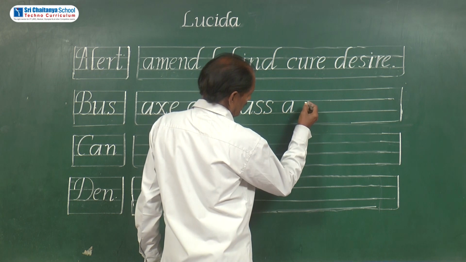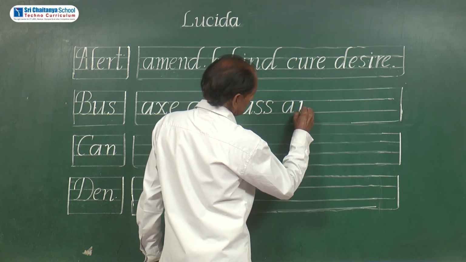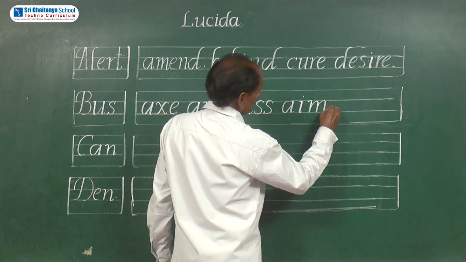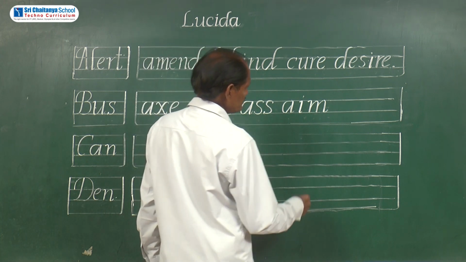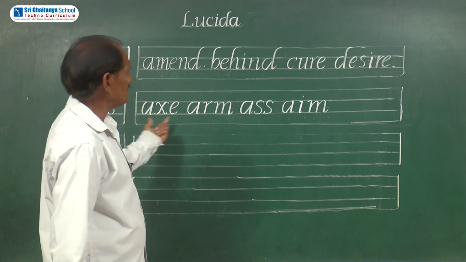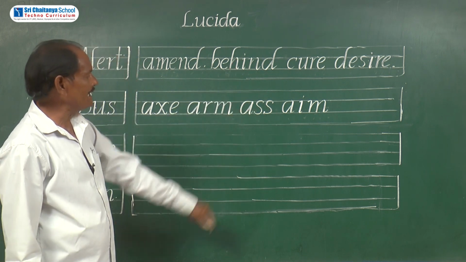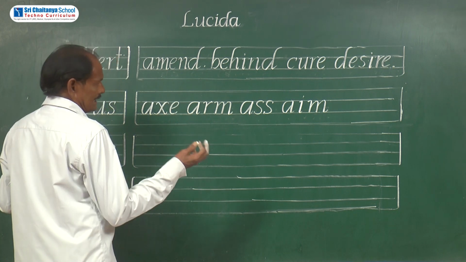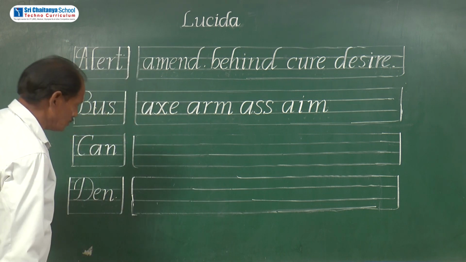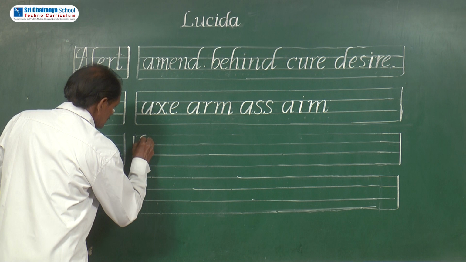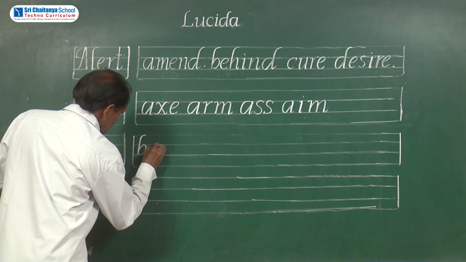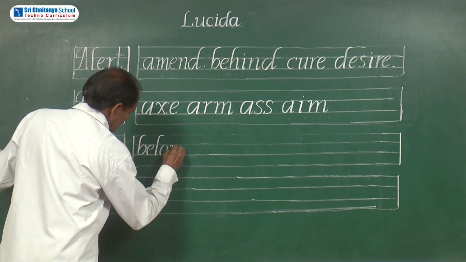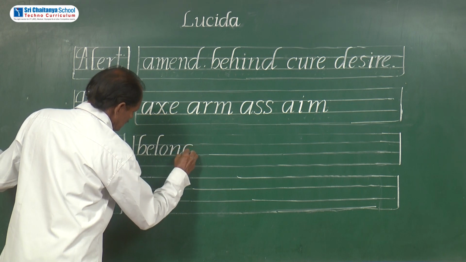A, I, M, aim, like this. This line is with only the middle zone letters, and I am writing the letters of the lower zone also in these words. B, E, L, O, N, G, belong.